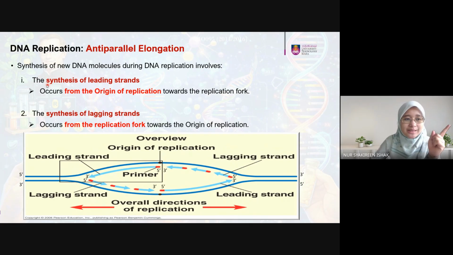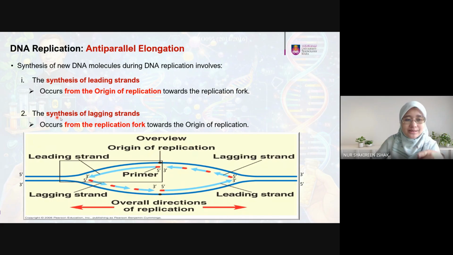The first type is the leading strand, synthesized on both of the templates. The feature of the leading strand is that the synthesis starts from the origin of replication towards the replication fork.